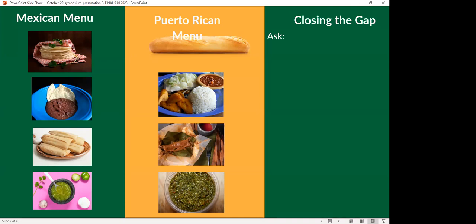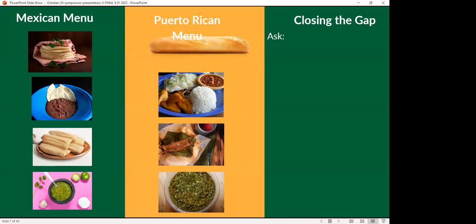Foods from the north of Mexico are not going to be the same as food from Oaxaca, from the coast of Mexico, etc. And they are very different when they are from Mexico and the Caribbean. So, for example, here we have a Mexican menu, a Puerto Rican menu.